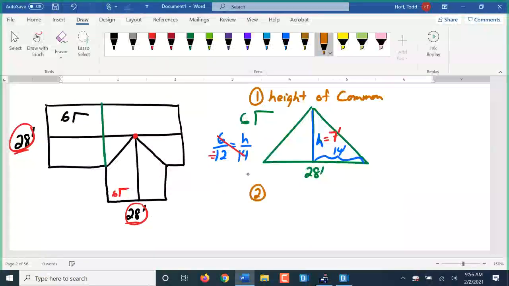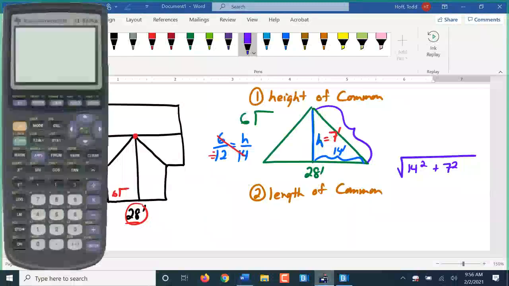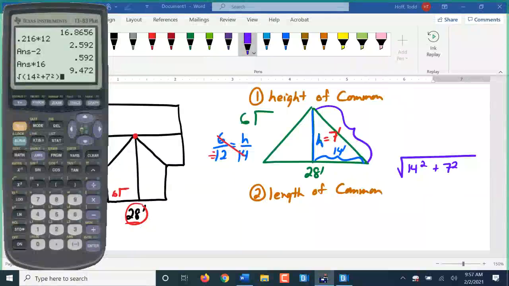Our second step, once we found the height of the common, is to find the length of the common. That length there is going to be the square root of 14 squared plus 7 squared, which equals 15.652.